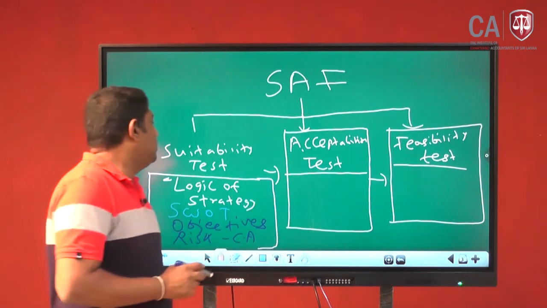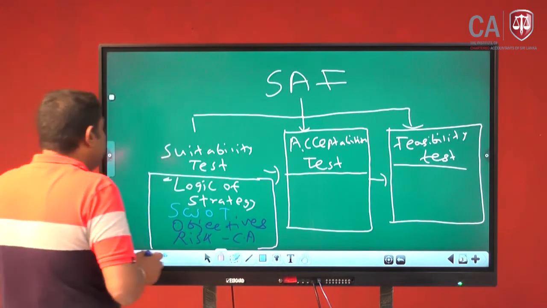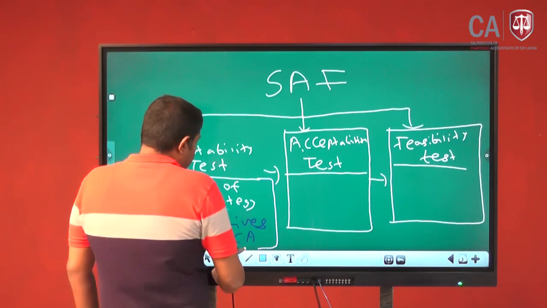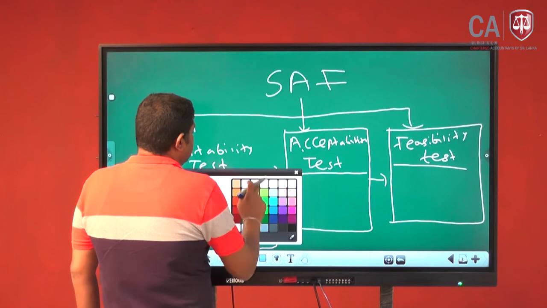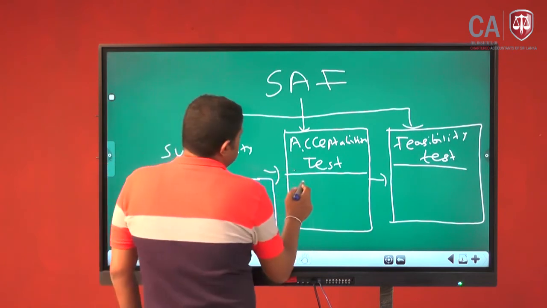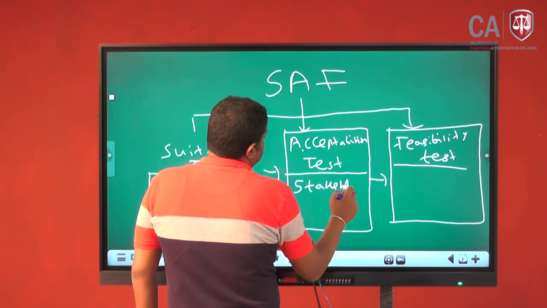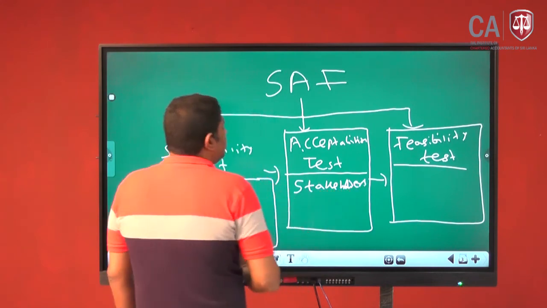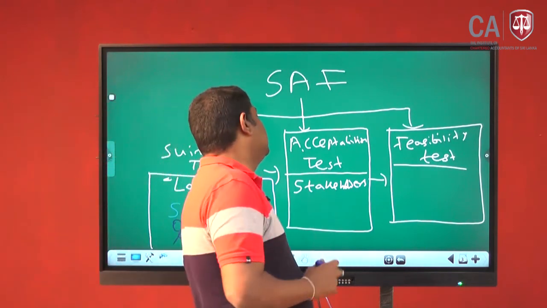Then if you look at the accessibility test, here it mainly focuses on the stakeholder aspects. It looks at whether this project is acceptable to the stakeholders, the main stakeholder parties concerned.